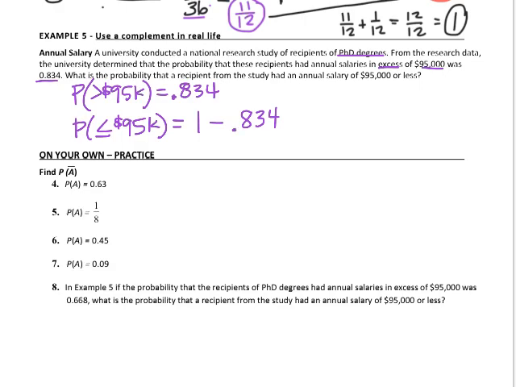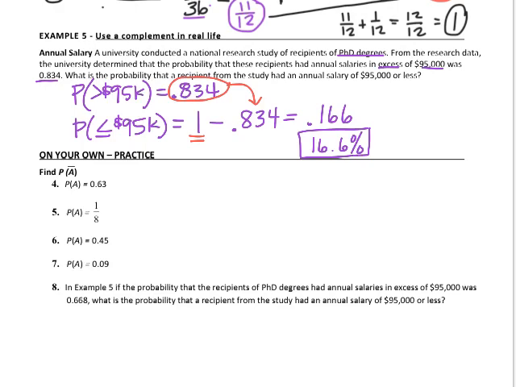Okay, so see what I did is I took the probability and I put it into the formula. We're subtracting it from 1, which is 100% chance that one of these two things takes place. And then the probability of someone earning less than or equal to 95,000 would be 0.166. And I can translate that into 16.6% of the population of PhD folks earn equal to or less than 95,000.